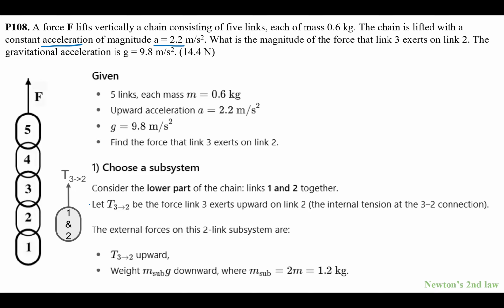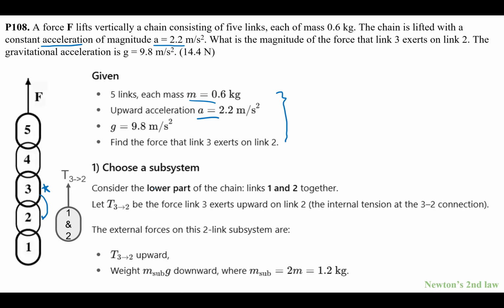The gravitational acceleration is given by this one. So what we think about is that first of all, we summarize what is given. So m is given, acceleration is given. Find the force that link 3 exerts on link 2. So the force between these two.